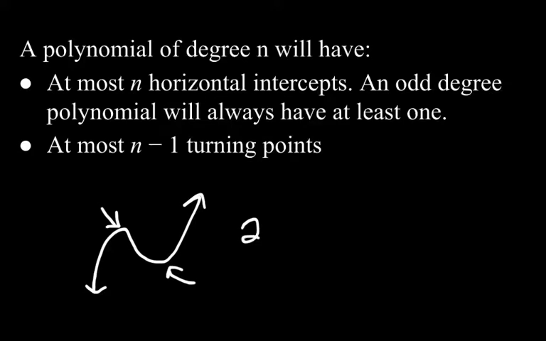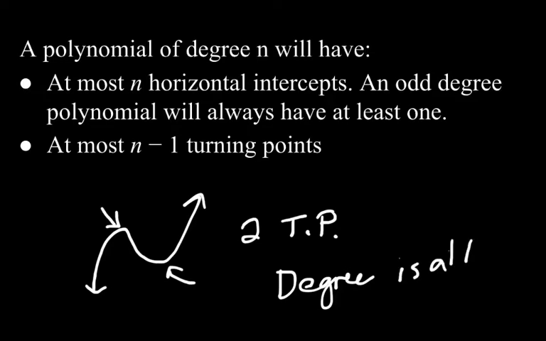So if that has 2 turning points, the degree is at least 3, because the degree has to be 1 more than that, or this has to be 1 less than this. So there's different ways of thinking about that, but we're going to do some examples like those as well.